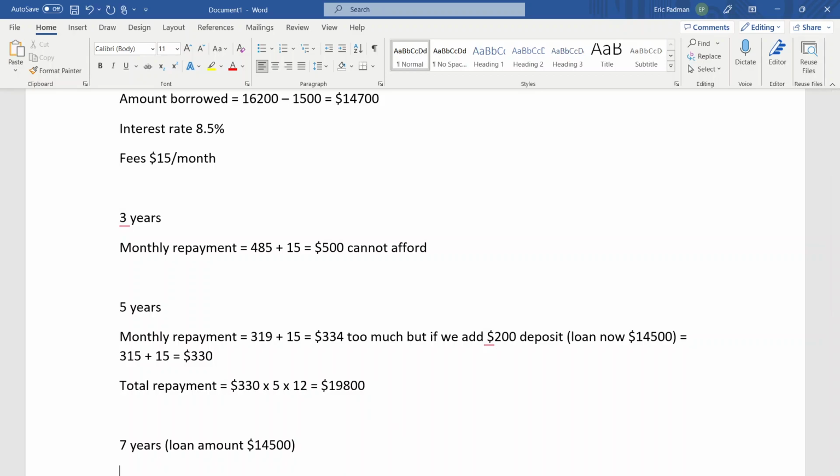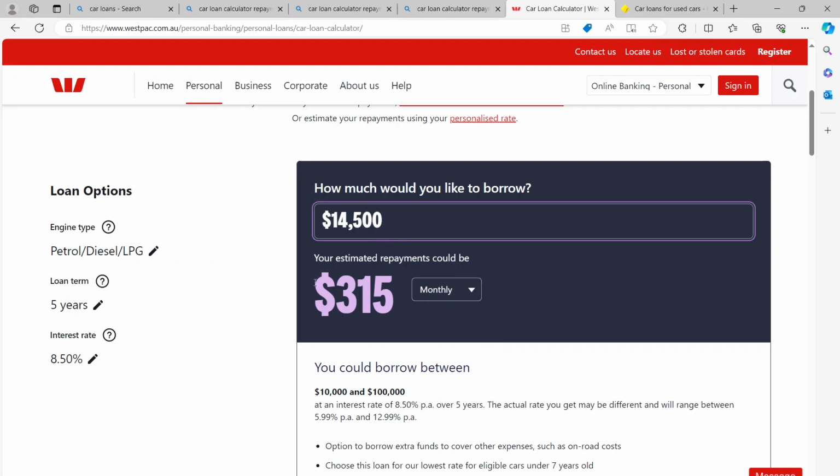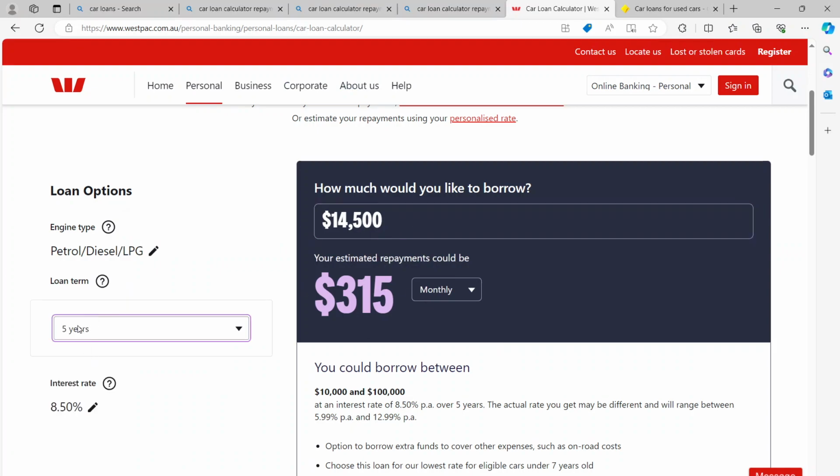All right, so let's do the monthly payments. Let's go back to our calculator website. Now we're going to go to 7 years. 7 years is the maximum you can set this out for.